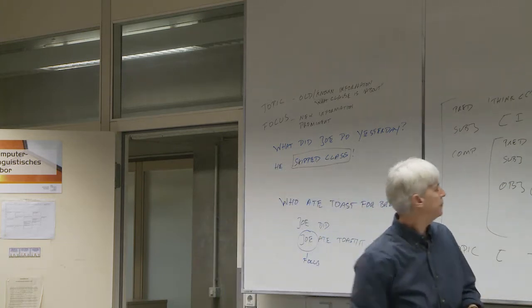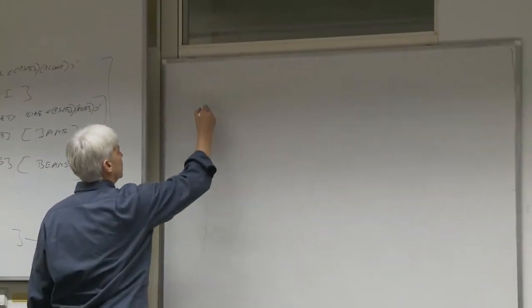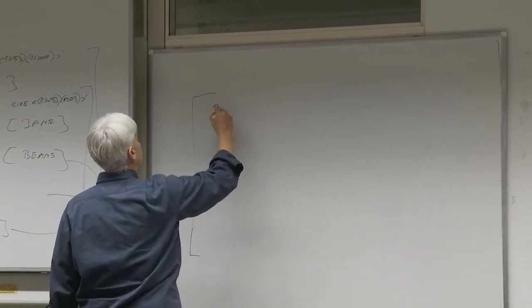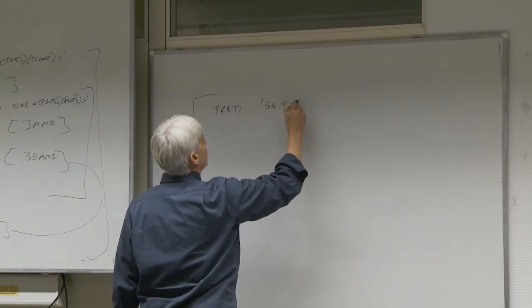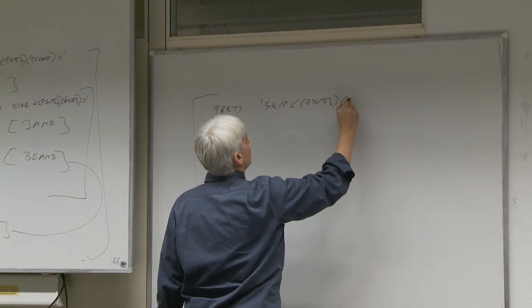I'll put it on here. We'll say, okay, we have a pred, skip, and it has a subject and an object.